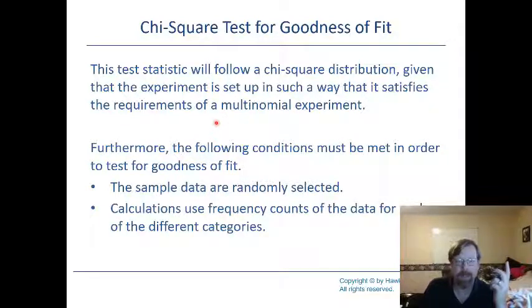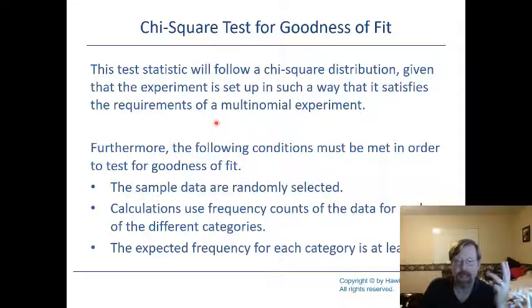We need calculations that use frequency counts for each category, and we need an expected frequency for each category of at least 5. So I need to do enough experiments that I would expect to get at least 5 in each category. I should not expect a value of less than 5 in any category.